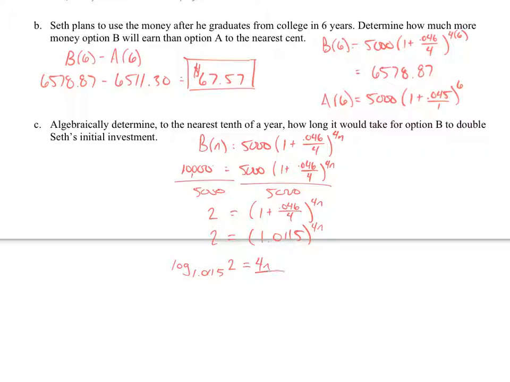So to get n by itself, divide both sides by 4. Plug this into your calculator, and you will get that n equals 15.15 years. That's how long it'll take.